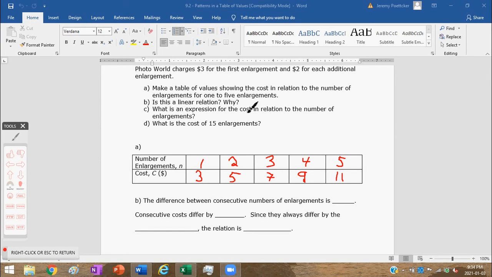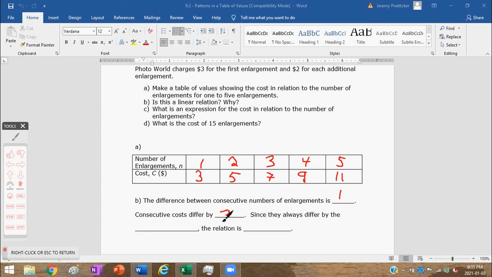It's linear because the consecutive numbers in both columns are going up by the same amount each time. Doesn't have to be the same for both columns, right? The n row is going up by 1 every time. The C row is going up by 2 every time, but it's that same. N is always going up by 1. C is always going up by 2.